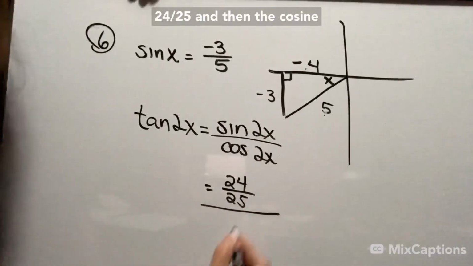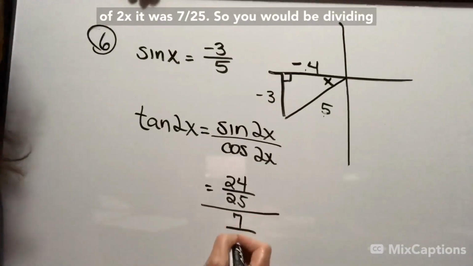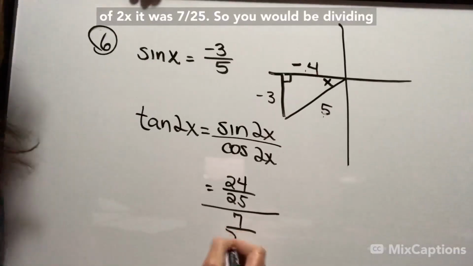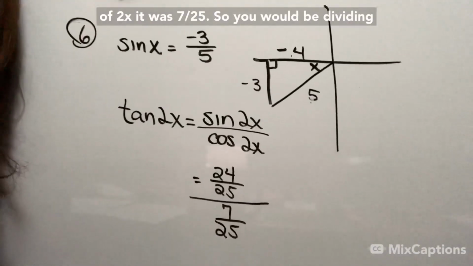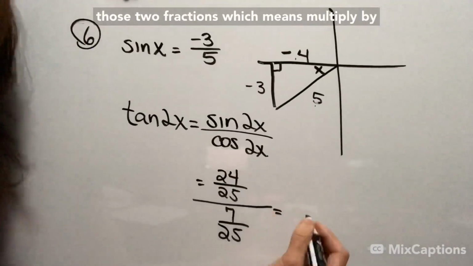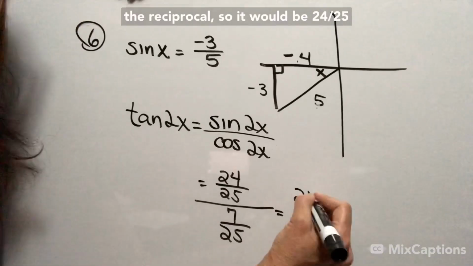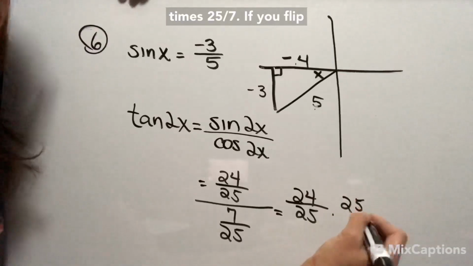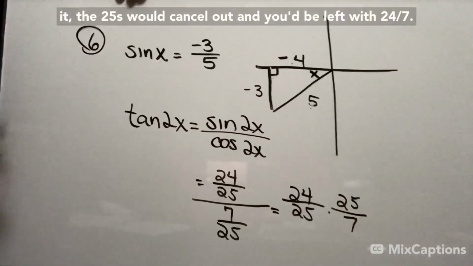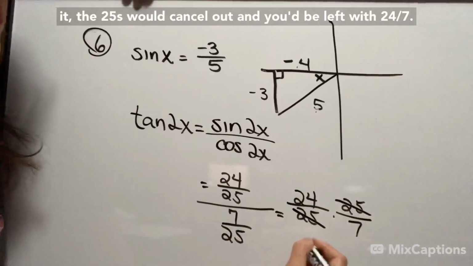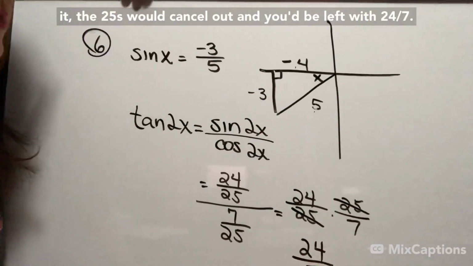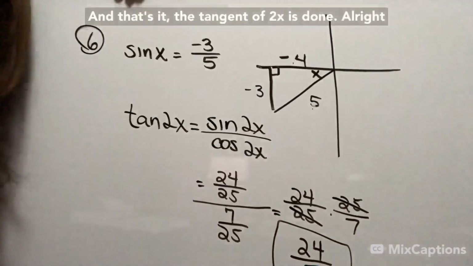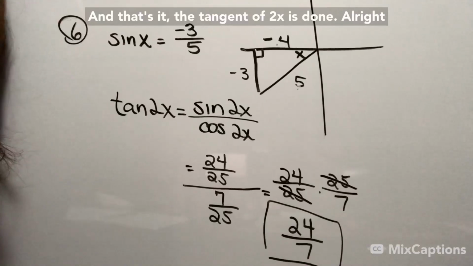And then the cosine of 2x, it was 7/25. So you would be dividing those 2 fractions, which means multiply by the reciprocal. So it would be 24/25 times 25/7 if you flip it. The 25s would cancel out, and you'd be left with 24/7. And that's it, the tangent of 2x is done.